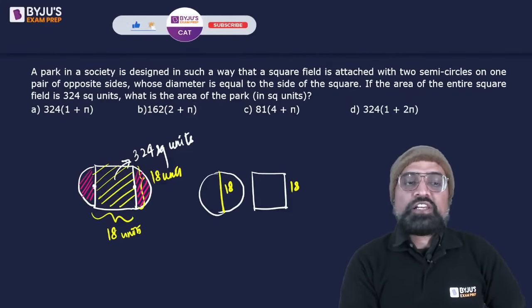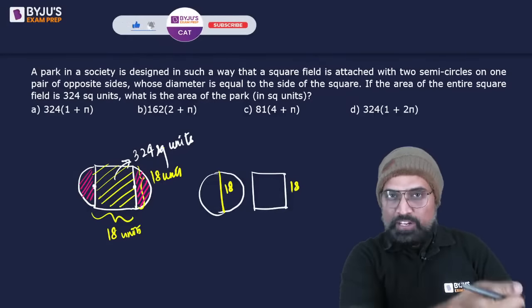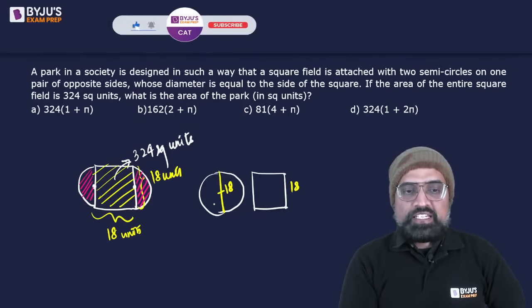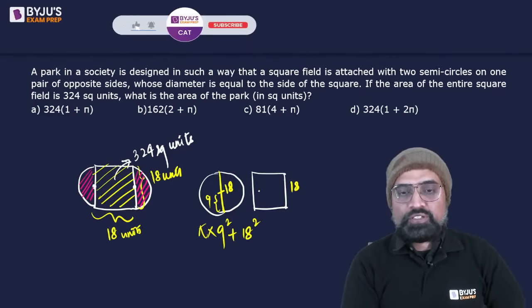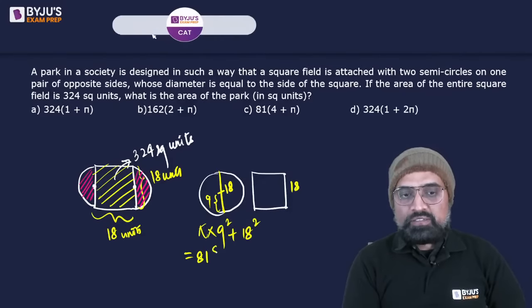So what will be the area? So area will be 324. That is the area of the square. The area of the circle will also come in, right? So the radius is going to be 9. So the area is going to be pi into 9 square plus 18 square, right? 324 is what we have. So the maximum that we can take out is 9 square, which is 81.